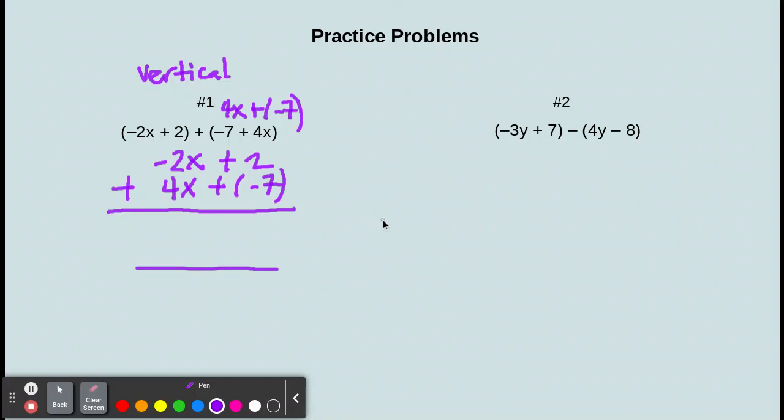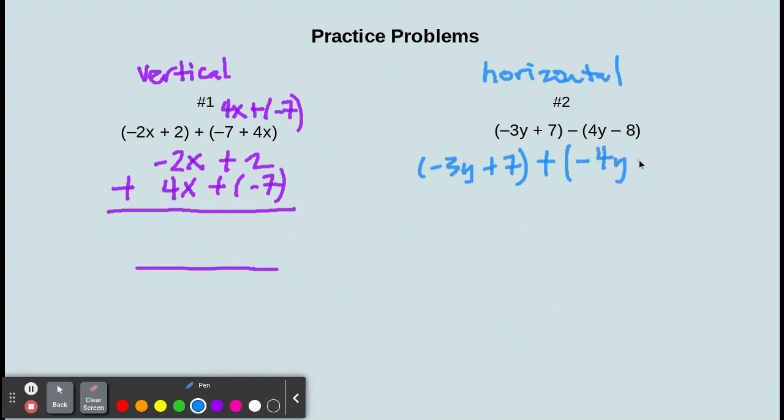Okay, so that's my help on that one. My help on the next one is I'm going to use the horizontal method. And so with the horizontal method, remember, we first need to add the opposite. Here we go. We're going to add the opposite. What's the opposite of 4y? Negative 4y. What's the opposite of negative 8? Positive 8.